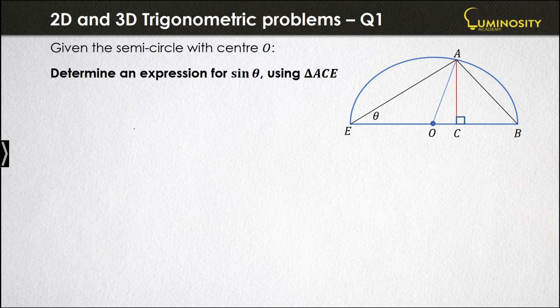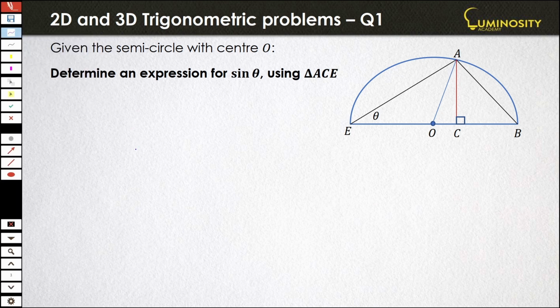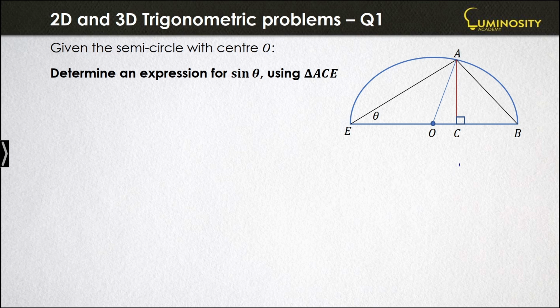Next, we want to determine sine theta in triangle ACE. So where's triangle ACE? Is this one here. So we know this was given as theta, and because AC is perpendicular to EB, which is given in the diagram, therefore this angle must also be 90 degrees by angles on a straight line.